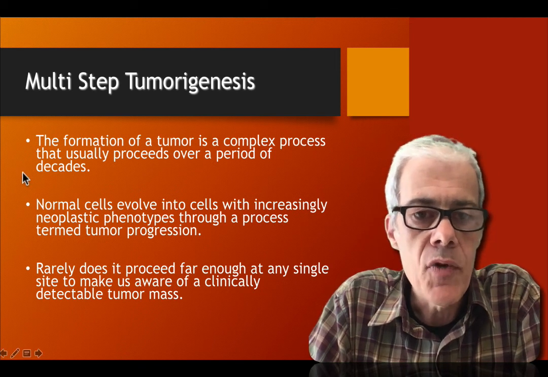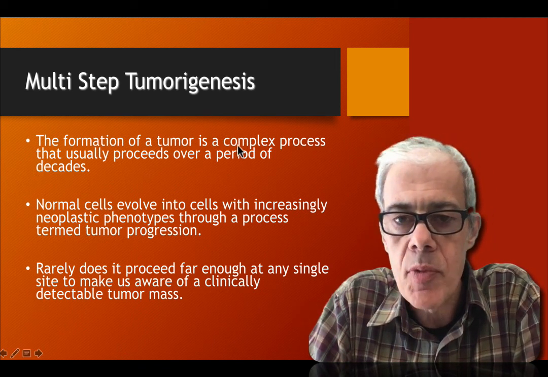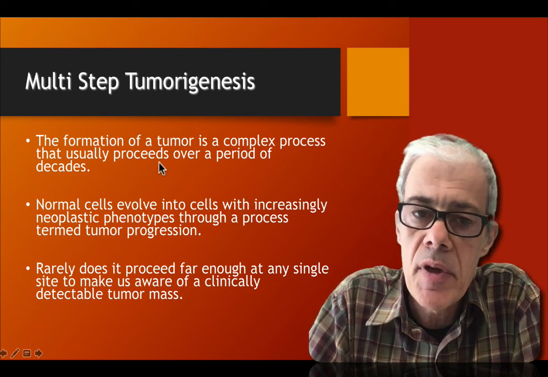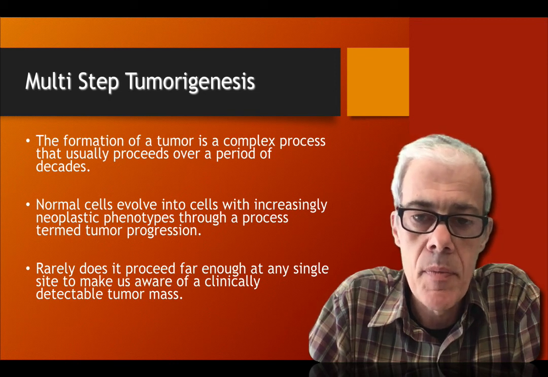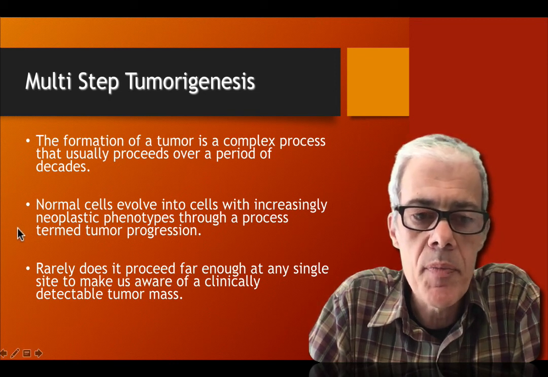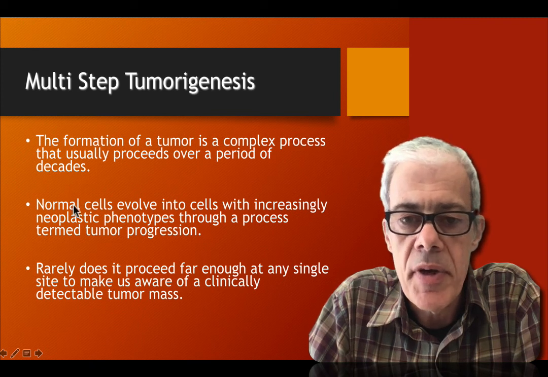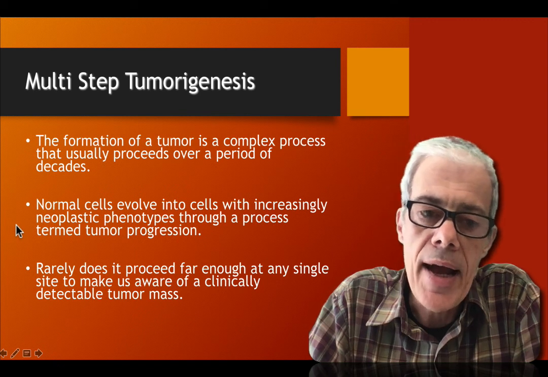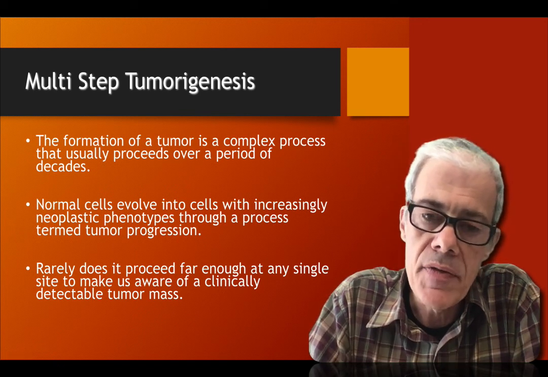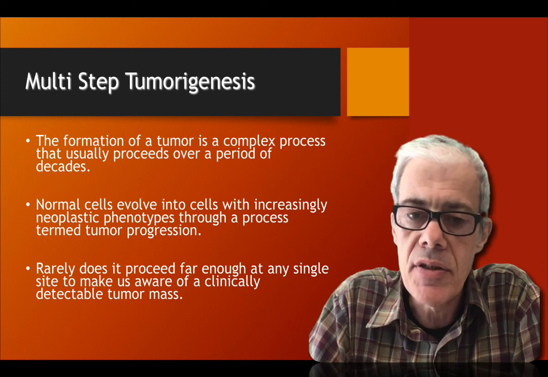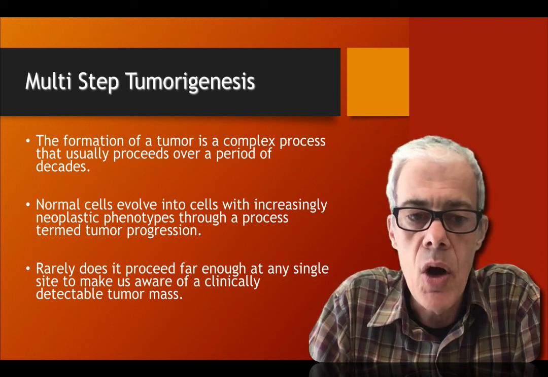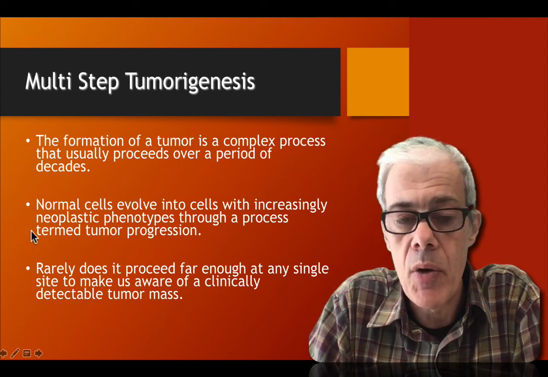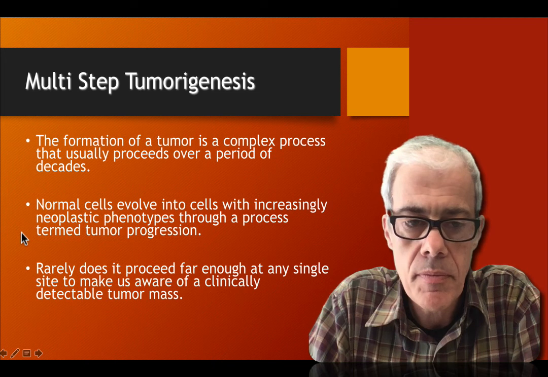The formation of a tumor is a complex process that usually proceeds over a period of time, typically decades. During this time frame, normal cells begin to evolve into different classes of cells, and within that class of cells you get additional mutations, and you get the progression of more aggressive phenotypes leading to a fully blown cancer phenotype.